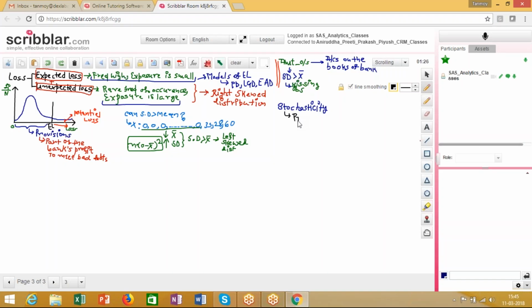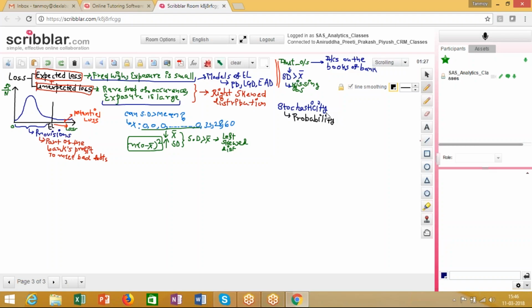Now the question that comes out is why suddenly am I talking about stochasticity? Because till now I have just been talking about a variable, any generic variable with a certain outcome, and it has a measure of central tendency and dispersion. However, when we are talking about risk, we are not dealing with just any variable, but a very specific kind of variable, which is called the stochastic variable.